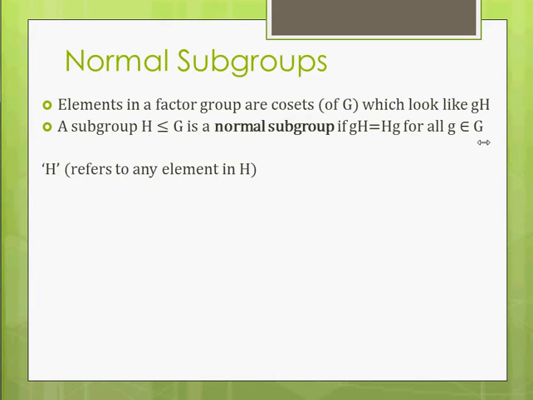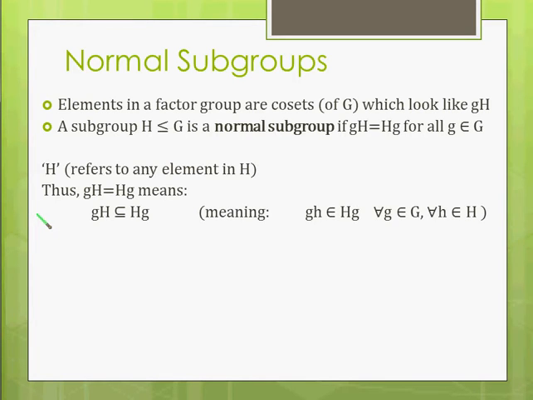As I stated earlier, h is just any element in H. To break down what gH equals Hg means, those two are sets, so we're talking set theory. That means two things are true: gH is a subset of Hg, and Hg is a subset of gH.